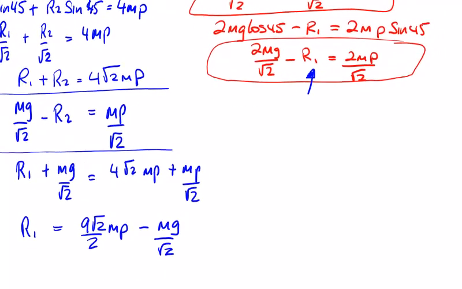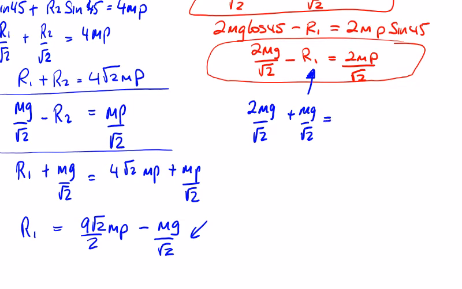And if I sub R1 up here, I'm going to get 2mg over root 2 minus R1. So that's minus, well, I'll do the plus this one first, plus mg over root 2, and it'll be minus 9 root 2 mp.